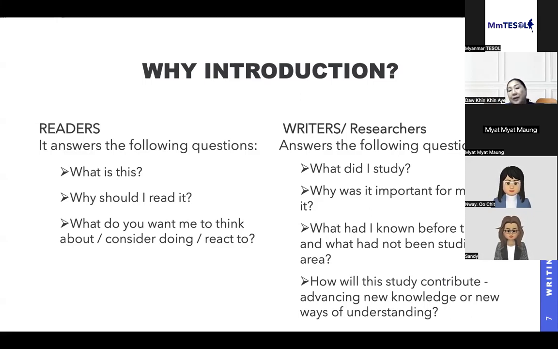Now, for writers or researchers, the introduction answers the following questions. What did I study? Why was it important for me to study it? What had I known before the study and what had not been studied in that area? How will this study contribute? Is it advancing new knowledge or new ways of understanding?